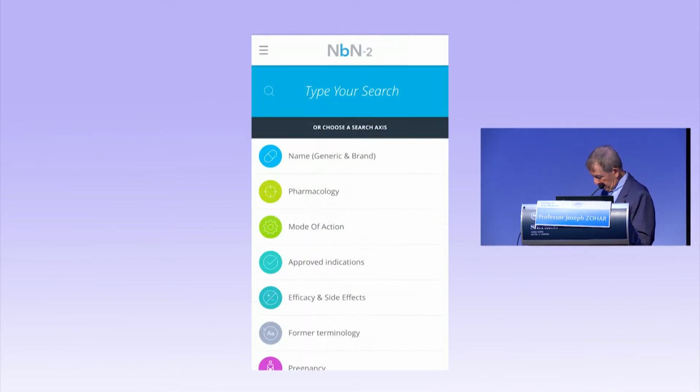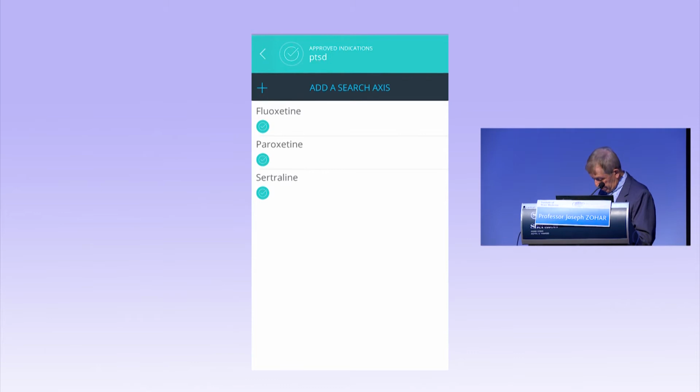So you can choose among the medication that fits the case best. So this is one thing, and we can now move back to NbN 2, and then we can do another search. Let's say we'd like to see what medications are approved for PTSD. So again, you push on approved indication, and then you type PTSD, and then you see the medications that are approved for PTSD.